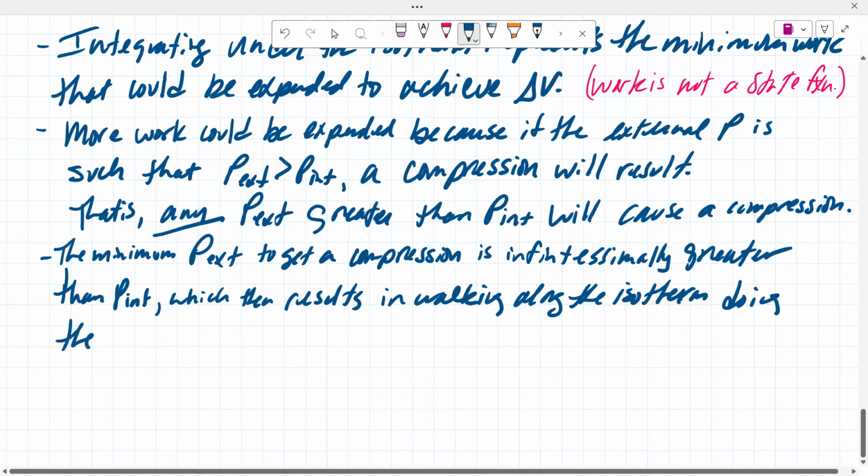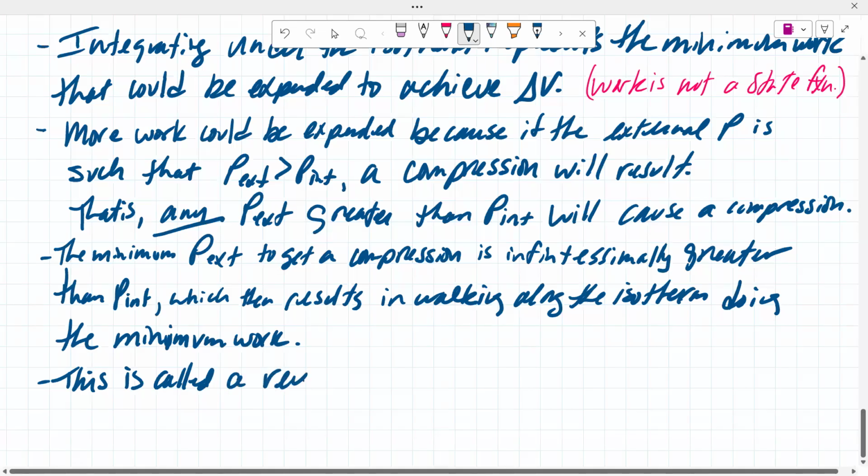Minimum. This is called reversible isothermal compression.